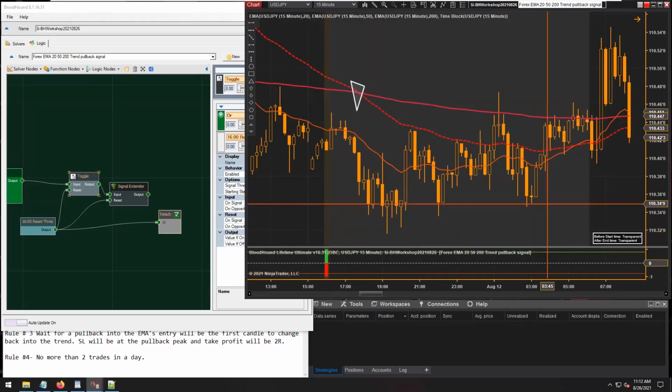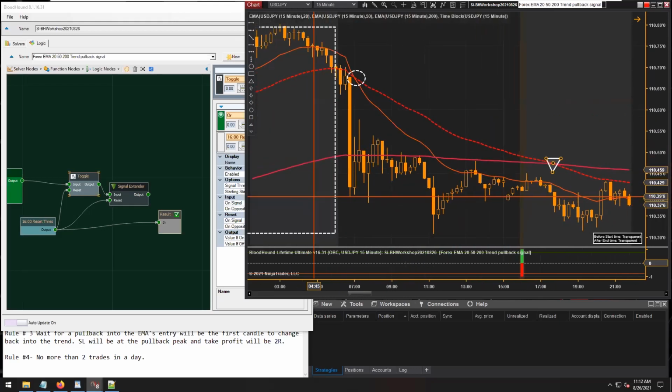So this gray area here just helps us visually see the overnight Asian session when we're checking to see if there were any crossovers or not.